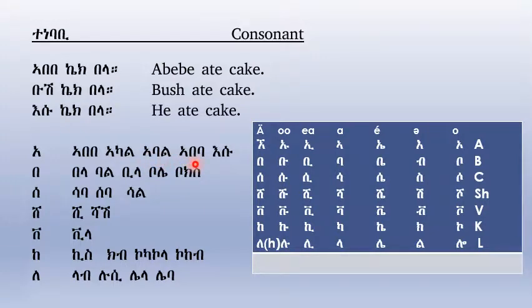Abeba, just like a name, a common name like Abebe, but this time for female. Isu, he. Be, bella, ate. Bal, husband. Billa, knife. Bole, a known place in Addis Ababa, the capital city of Ethiopia.